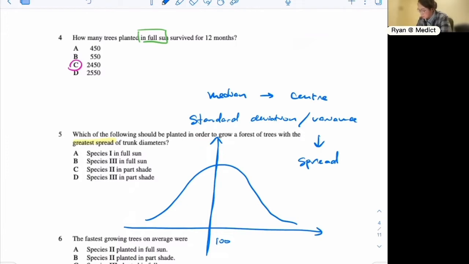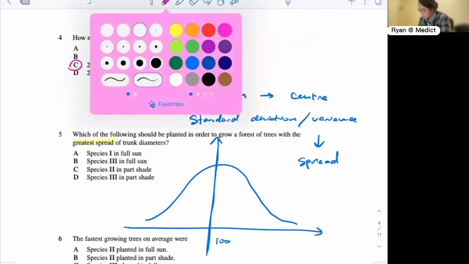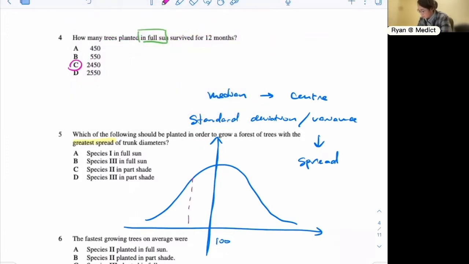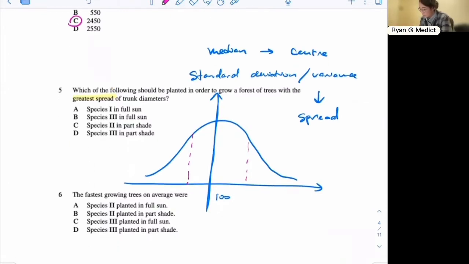And what is variance? Variance is basically how far away you can go from the center of the statistics. So over here, you probably have -1 standard deviation, and over here, +1 standard deviation. Those are the things that measure spread.